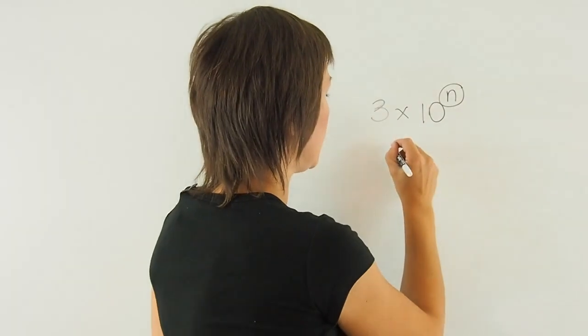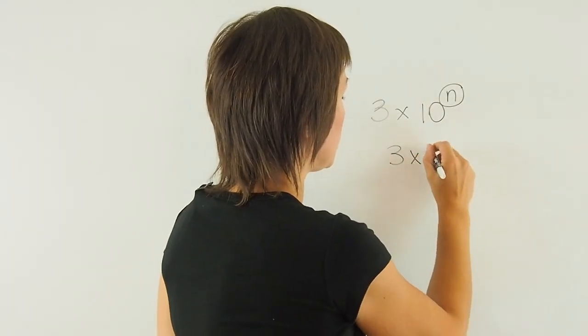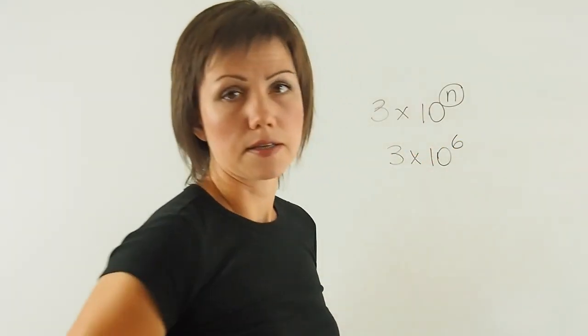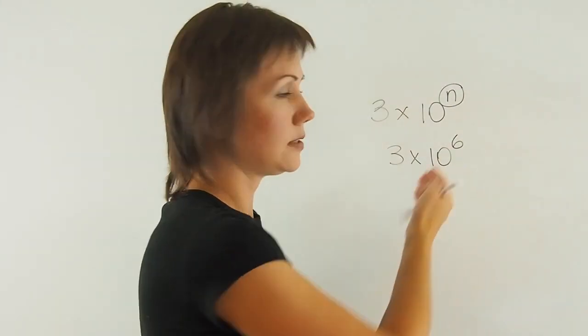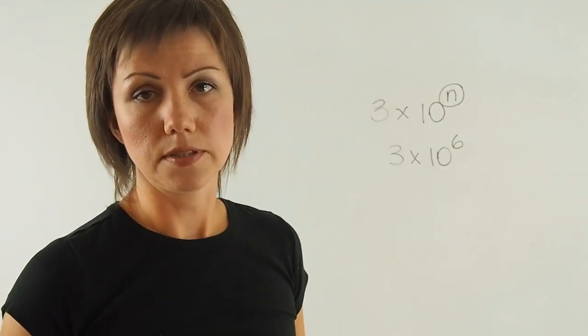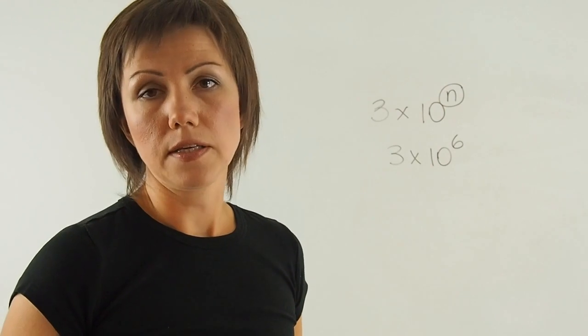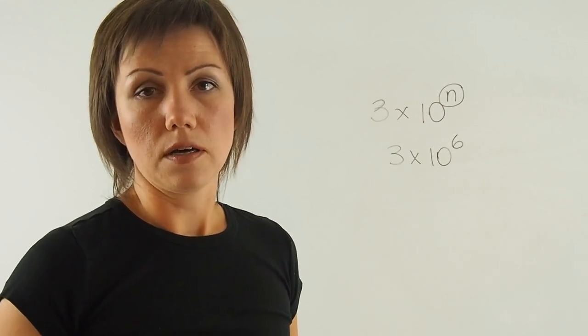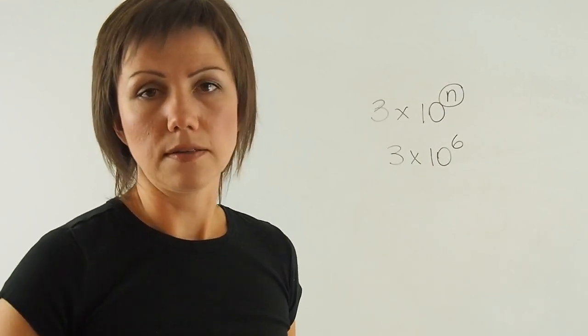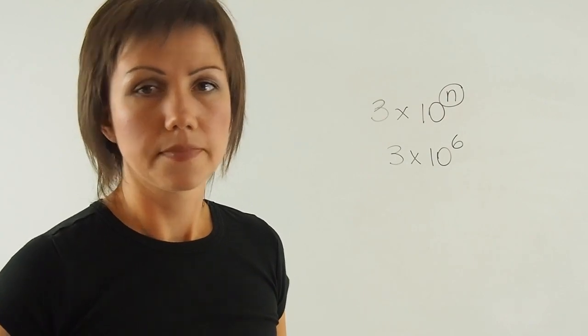So, I will record it as 3 times 10 to the power of 6. So essentially the exponent of 10 tells you how many zeros a number has after the 1.